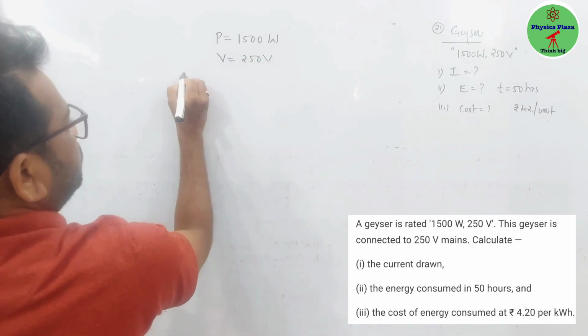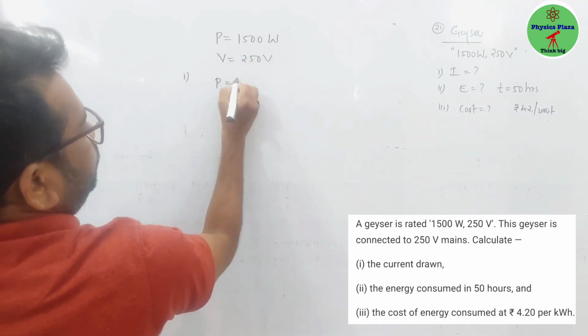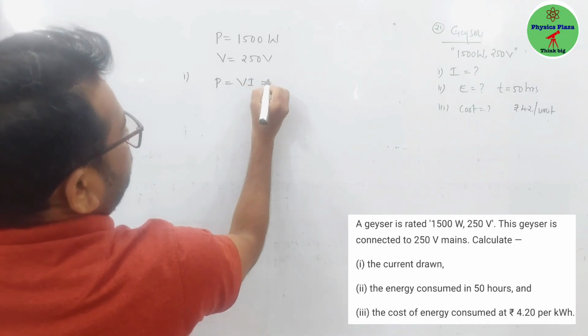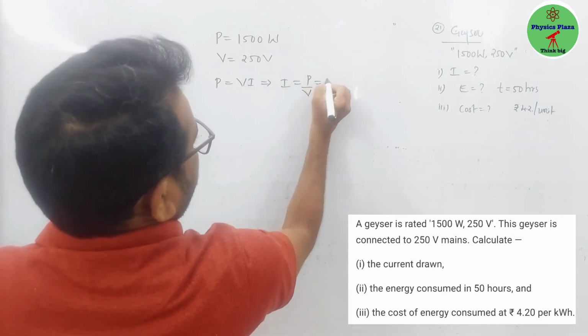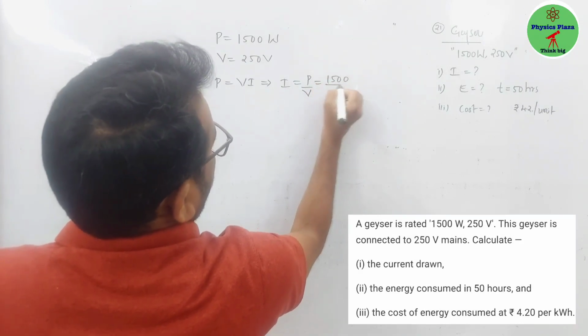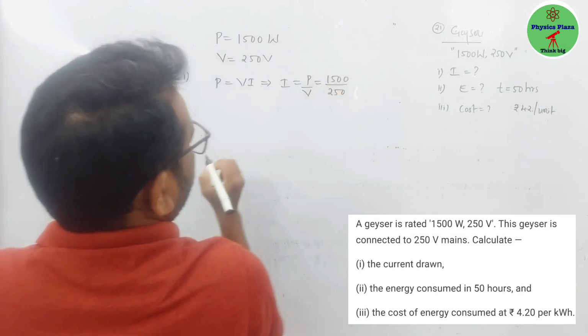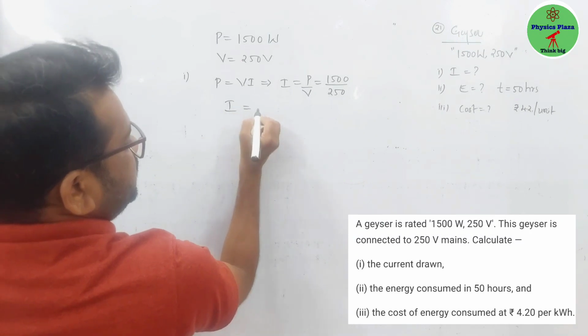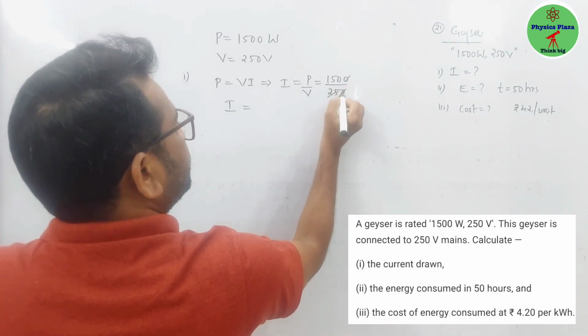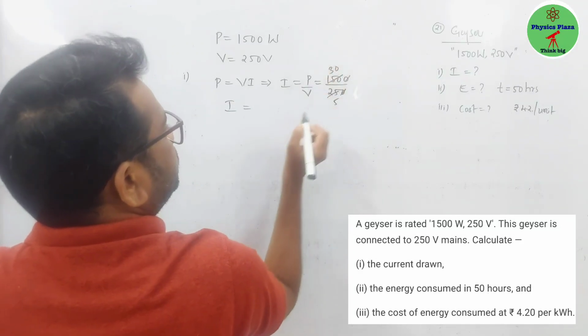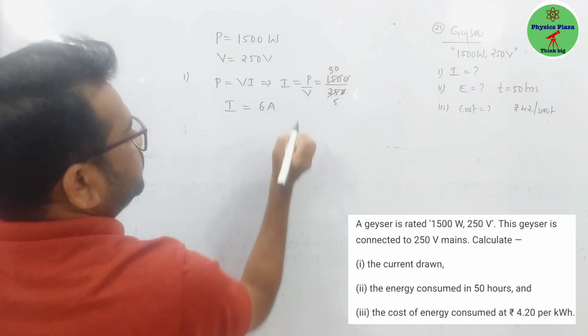Children, we know that power is equal to VI. From this, I is equal to P by V. So that is 1500 by 250. Simplifying, we get a current of 6 ampere.